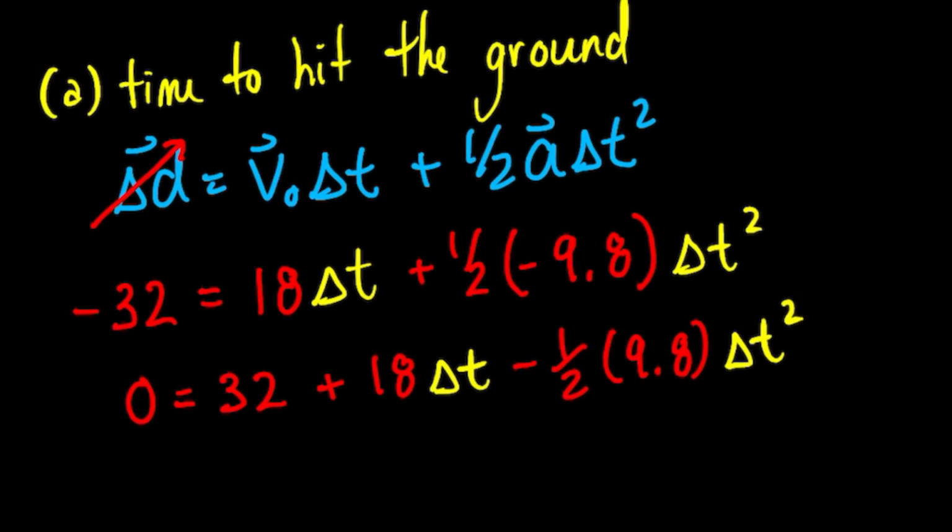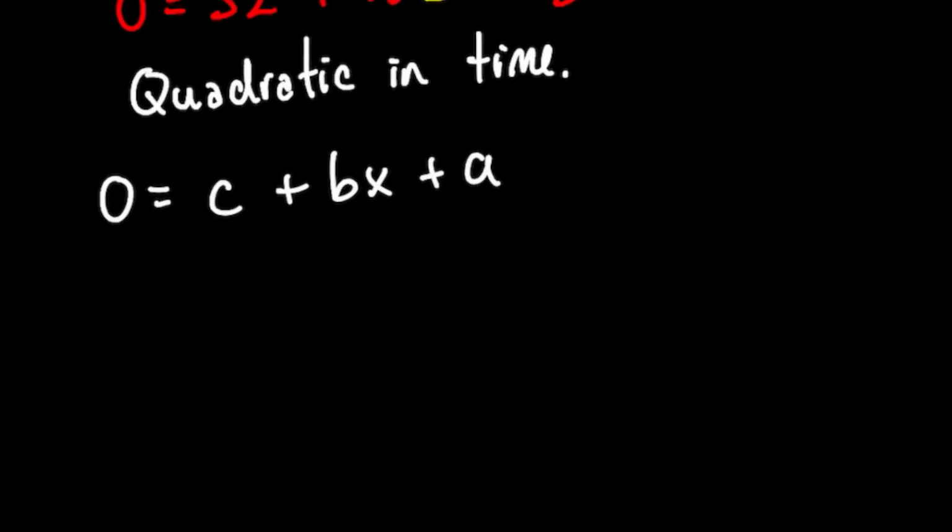Now, since we were looking for the time, I tried to put it in yellow to highlight your attention. In order to solve for the time, this equation appears to be quadratic in time. So you're going to have to recall from grade 10 math the quadratic formula. You're going to think of this as being quadratic in time, and in order to solve this equation, we're going to have to use the quadratic formula.